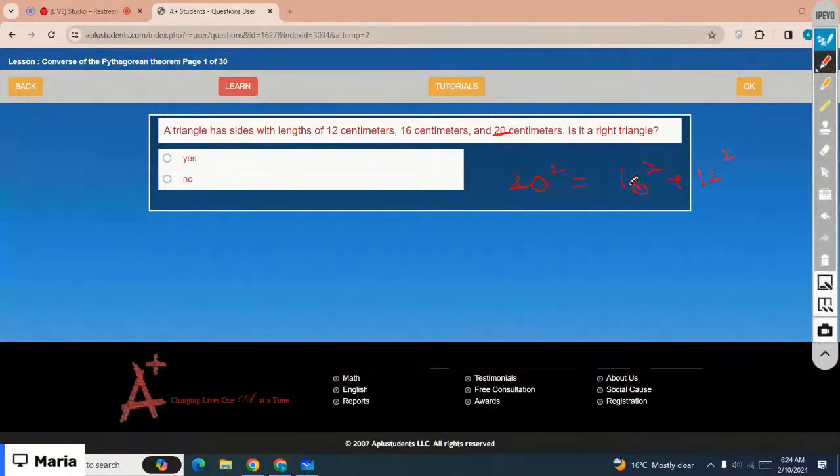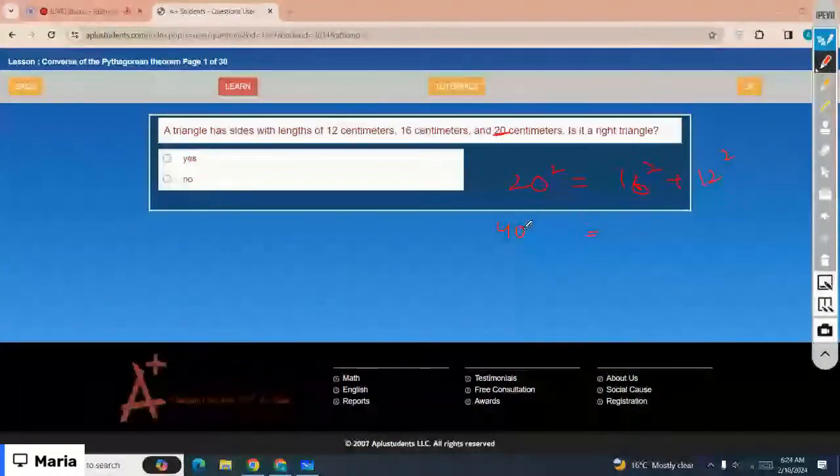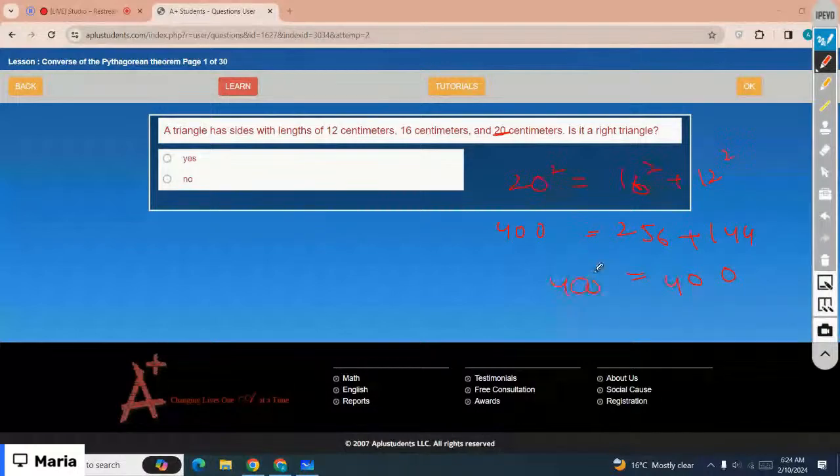That is basically the Pythagorean theorem. So see, both sides are exactly equal, right? That means the given triangle is a right triangle. So yes, the given triangle is a right triangle.